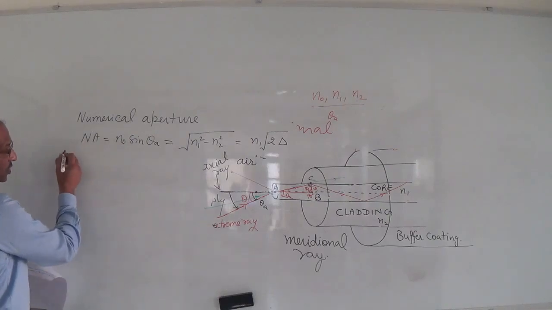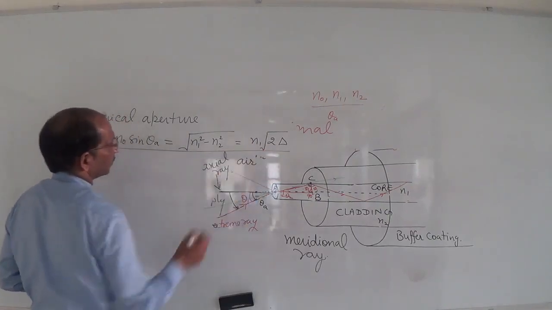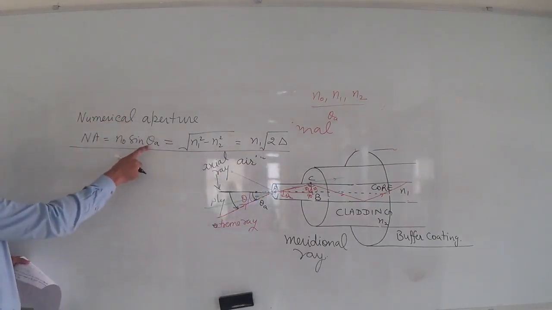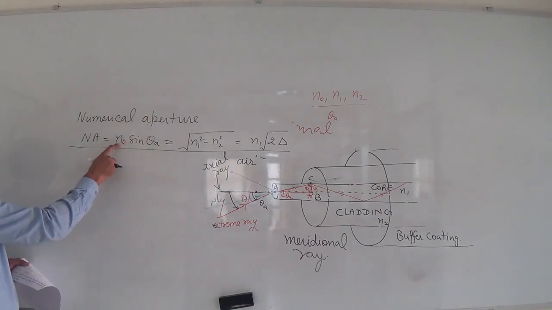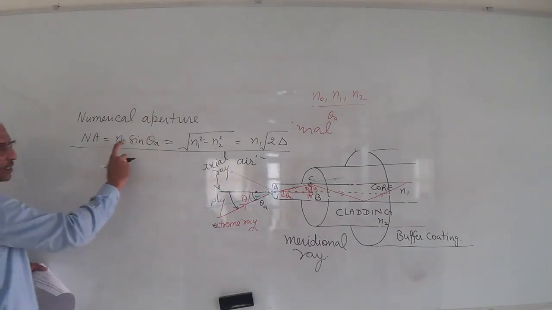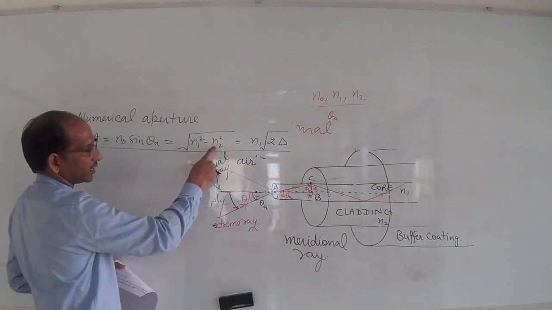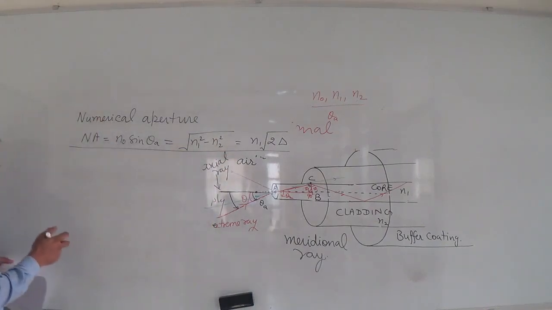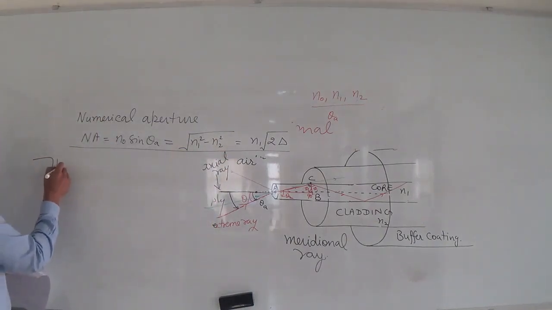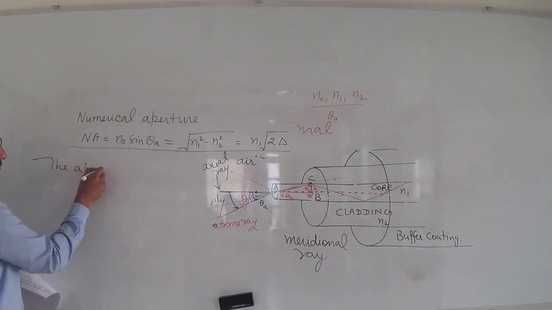So this relationship between the acceptance angle, the refractive index of the air, core and cladding is important.